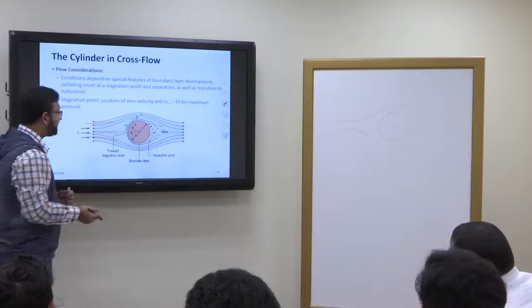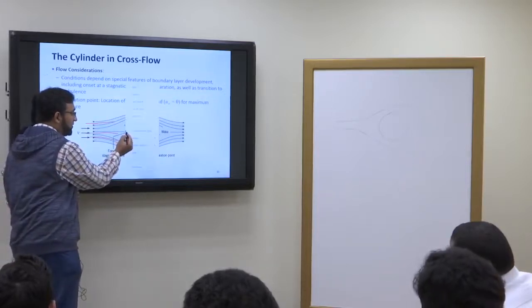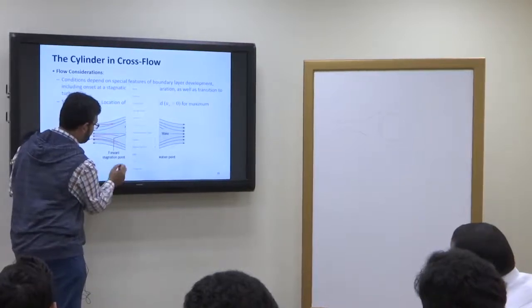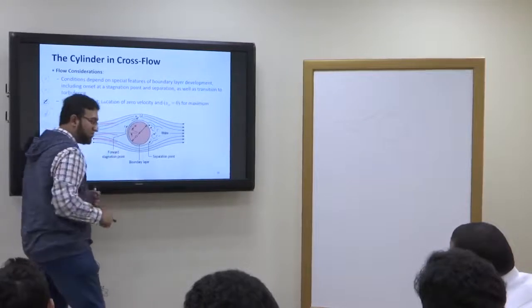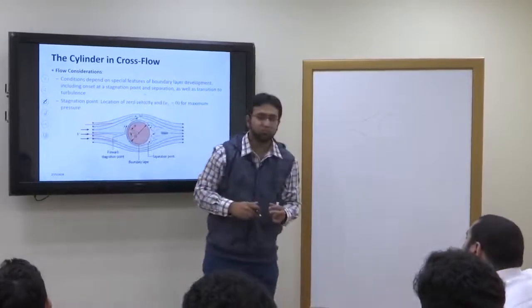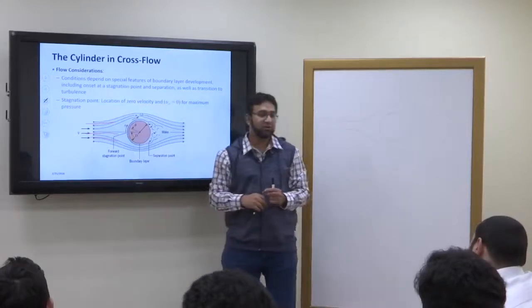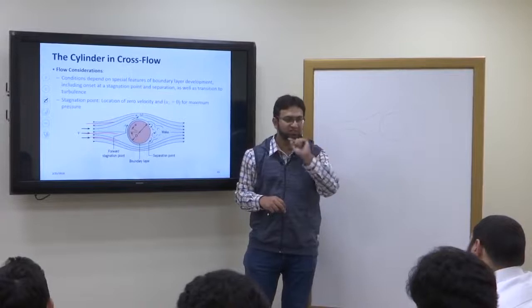So we have a point where the velocity is 0. This point where the velocity is approximately 0 is one of the most important points, because here the pressure is maximum, and that point is known as the stagnation point.